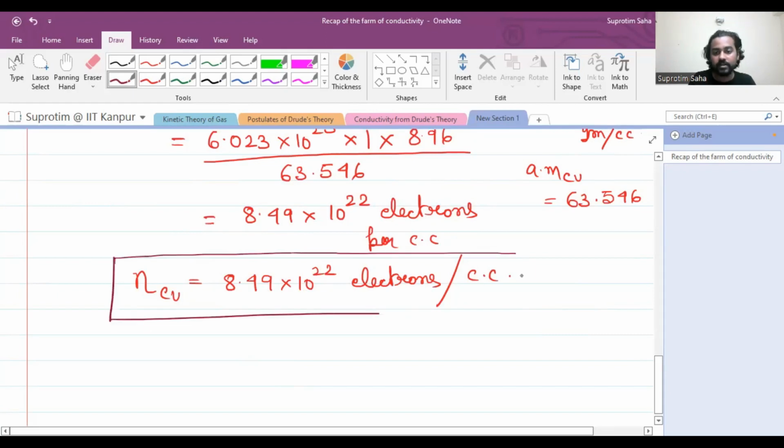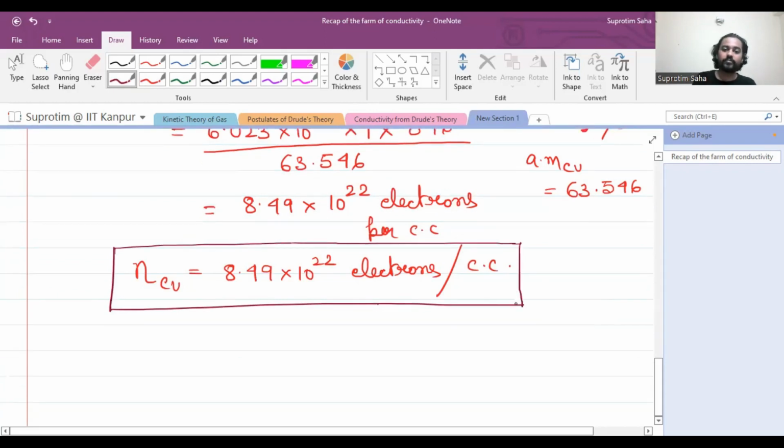So this is the number density of the charge carriers for copper: 8.49 into 10 raised to 22 electrons per cc.